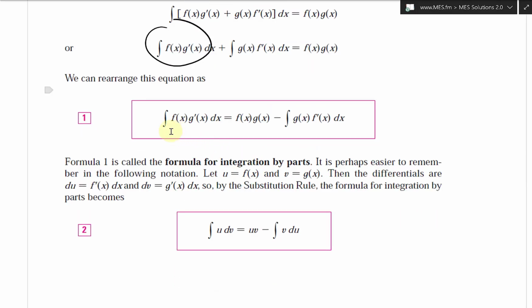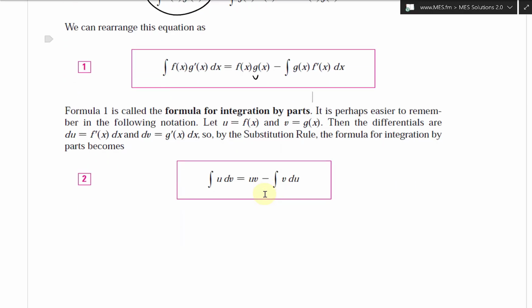And then if you replace this with u and dv, so this could be dv, and this is u, what we get is uv, and then the integral of v du. So u dv equals uv minus the integral of v du.